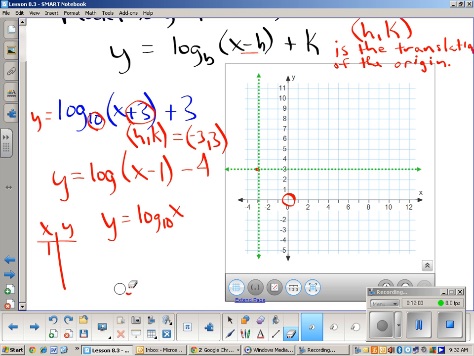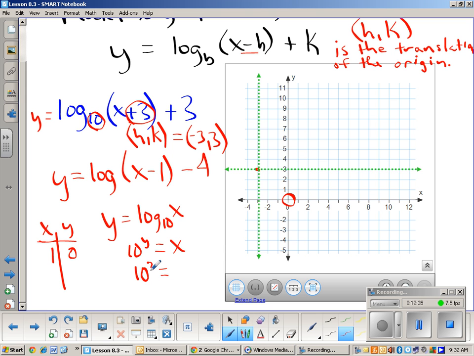I gotta think this through, sorry. If we write this as 10 to the y is equal to x, okay? So 10 to the 0 is equal to 1. Do you agree with that? And so x is 1 and y is 0. I did have it right. It did look right.